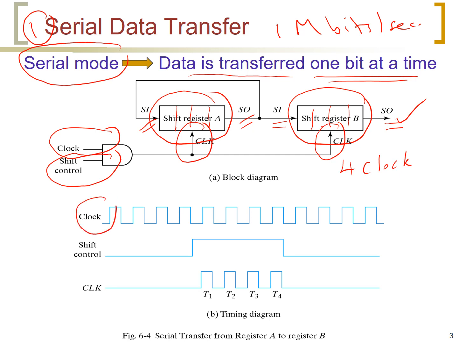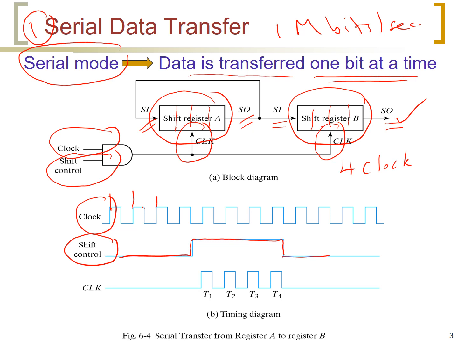This is the clock pulse with a period, as we can see here, and the frequency is inversely proportional to the period, and it continues forever, of course, as we have just mentioned. And the shift control is a timing signal that has the duration of exactly 4 clock pulses, and it is 0 otherwise.